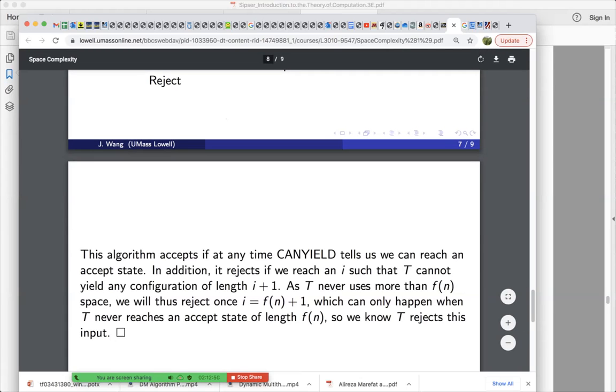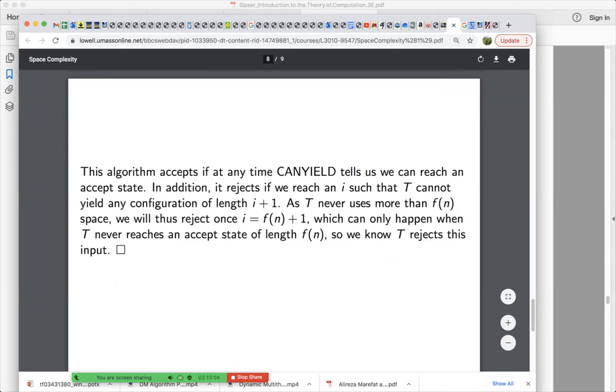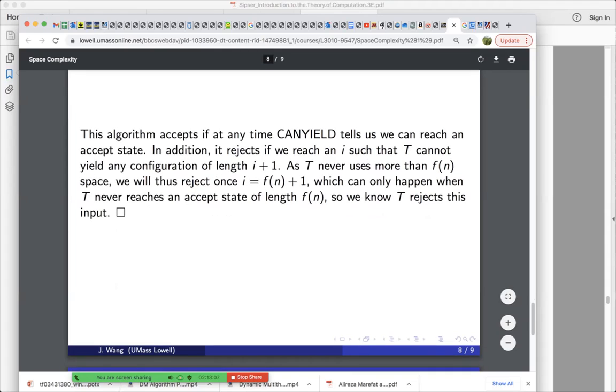This is a very clever touch, a brilliant observation or stroke, that makes this work finally.